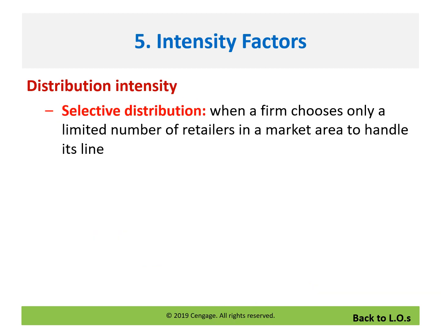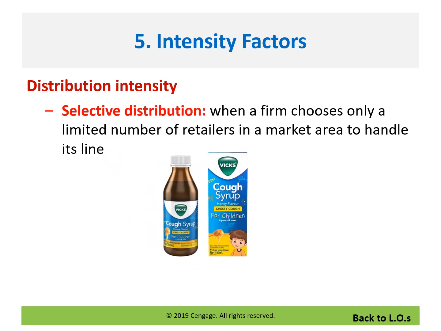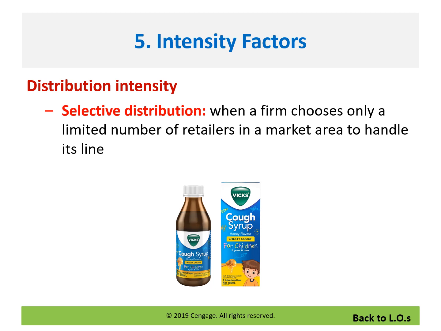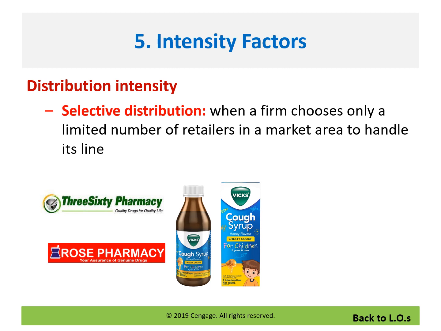The next category is selective distribution, which is when a firm chooses only a limited number of retailers in a market area to handle its line of products. For example, cough syrups can be distributed only through pharmacies like 360 Pharmacy, Rose Pharmacy, Mercury Drugs, and other specific pharmacies.